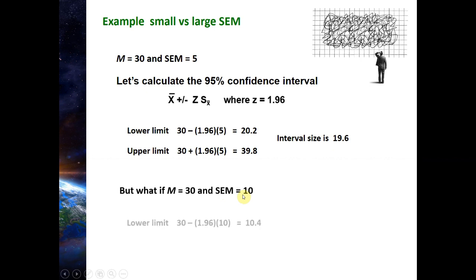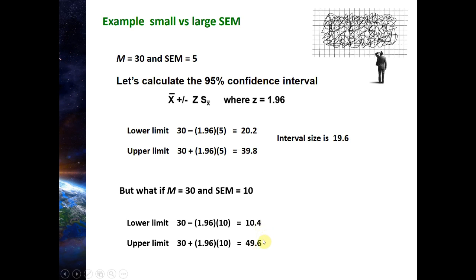So let's go ahead and do the calculation. Lower limit is 30 minus, now this one I can do in my head, 19.6, and that gives you 10.4. That's your lower limit. Upper limit will be 30 plus 19.6. That gives you 49.6.